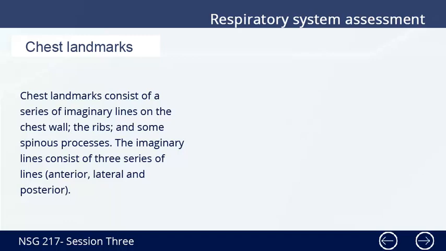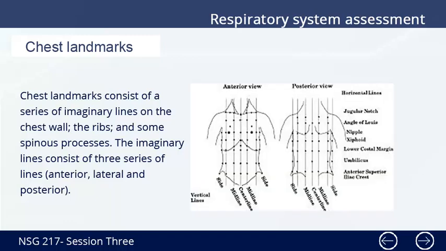Chest landmarks. Chest landmarks consist of a series of imaginary lines on the chest wall, the ribs, and some spinous processes. The imaginary lines consist of 3 series of lines: the anterior, the lateral, and the posterior. The diagram below illustrates the chest landmarks.